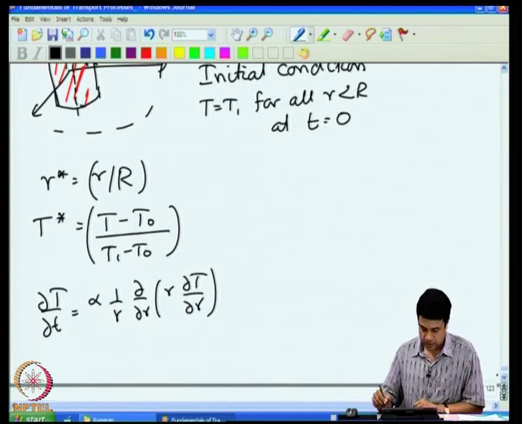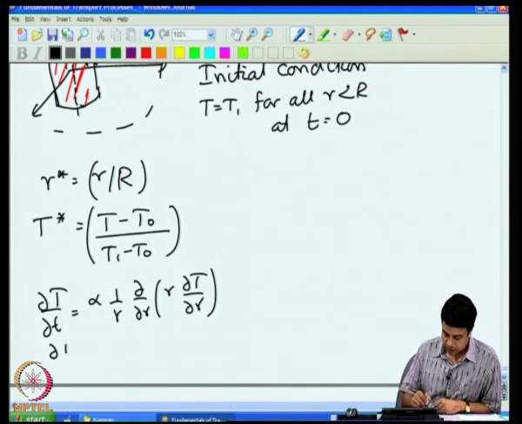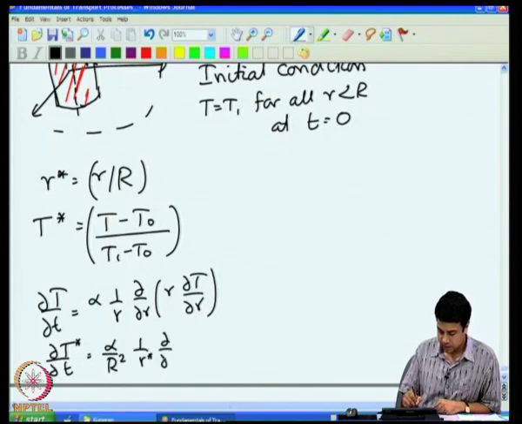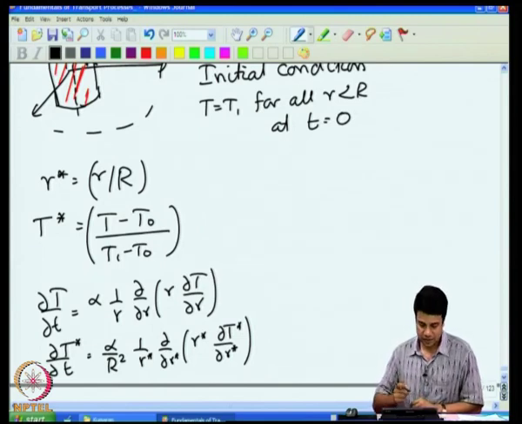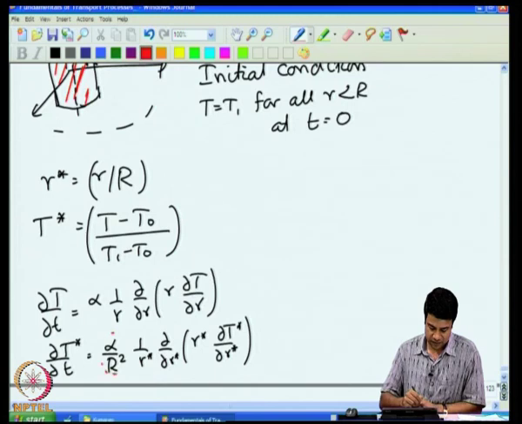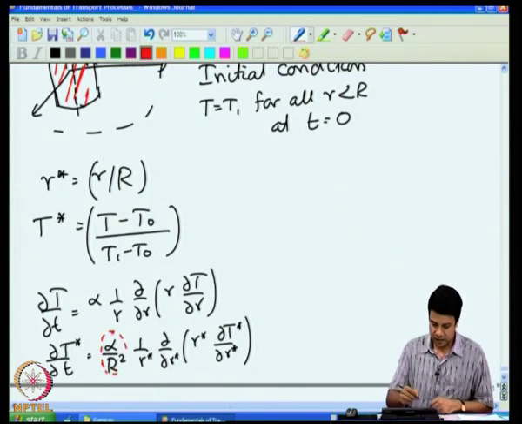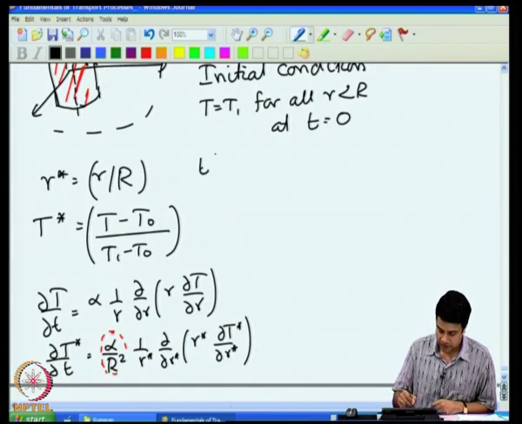You can easily check that this becomes dT star by dt is equal to alpha by R square times 1 over r star d by dr star of r star dT star by dr star. So, this is a scaled equation, except I have not scaled time yet. However, the scaling of time is now obvious from this equation. The scaling of time is just given by this. So, therefore, I can define a scaled time variable as t star is equal to t by R square by alpha.